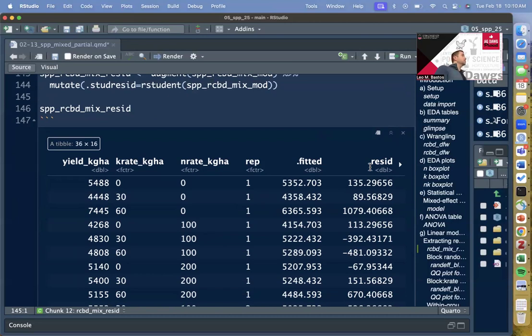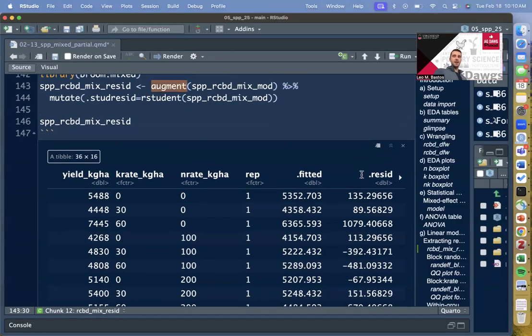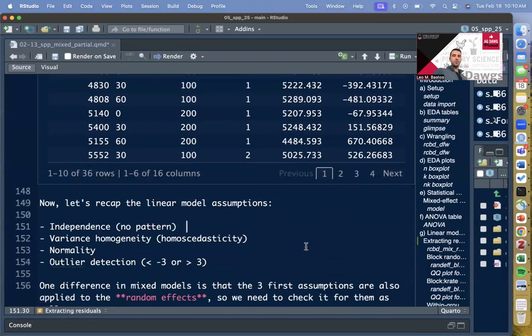Even though we have not used it much yet, you could color things according to block, potassium, or nitrogen, or plot differently according to those columns, to give you more indication if assumptions are not being met: is it coming from a specific block, a specific potassium or nitrogen, and so on? That's why it's very useful to use augment, because then you have not only the residuals, but also the observations associated with those residuals, so you can inspect more if you want.